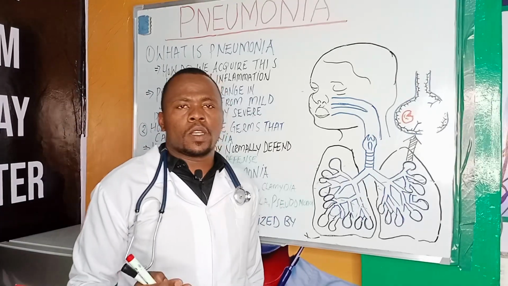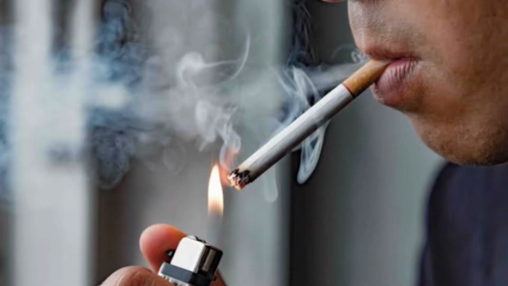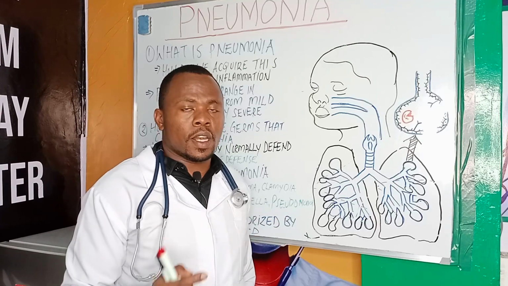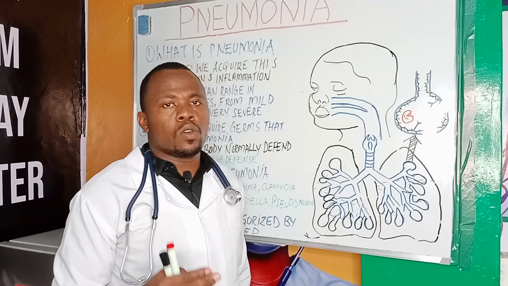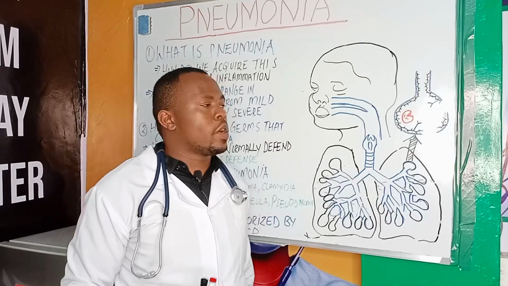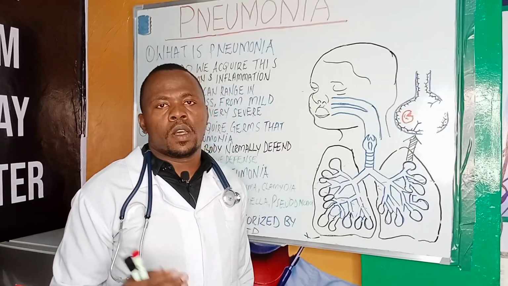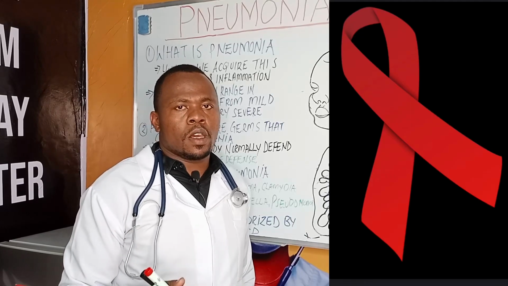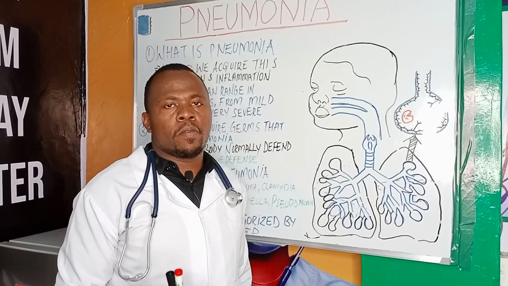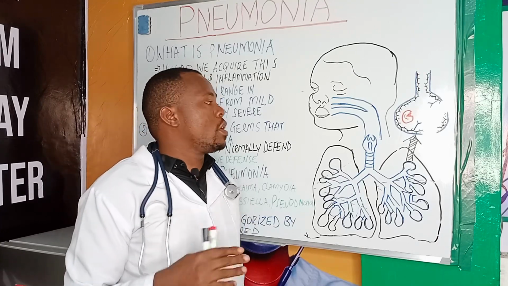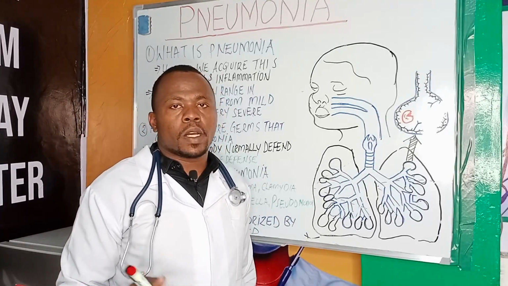Also, we have those patients who smoke. Tobacco smoke usually damages these cilia, or hair-like extensions, predisposing you to getting pneumonia. Also, in those patients who have a weak immune system, like those who have AIDS, the alveolar macrophages may have been killed by the virus. So when bacteria come into your lung, there is no defense mechanism.